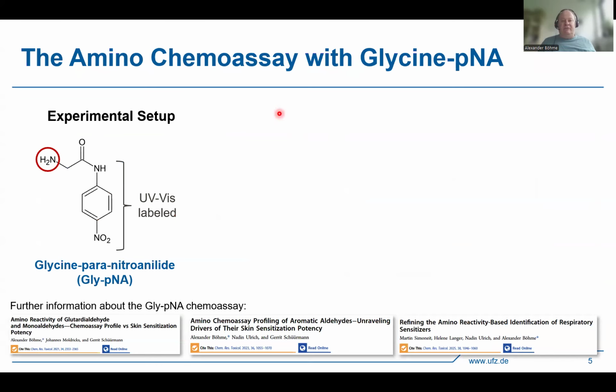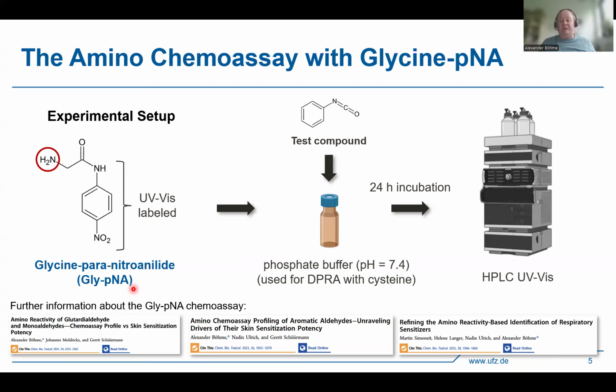So what is our solution for this issue? We first replace the lysine peptide by a labeled amino acid, which is glycine paranitroanilide, or in short, GlyPNA. We applied this new model nucleophile in our assay, which was initially developed for amino-reactive skin sensitizers. The workflow is very similar to the DPRA workflow.